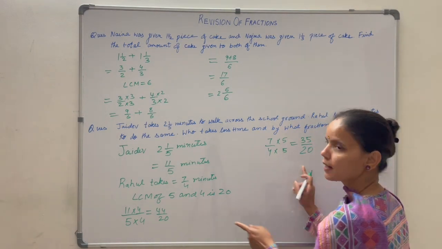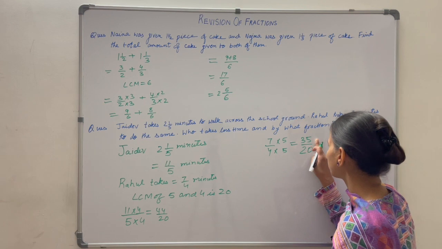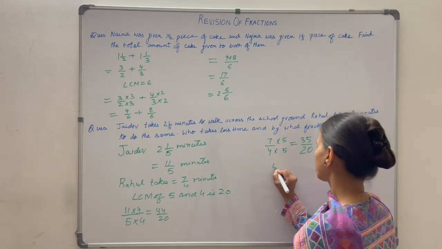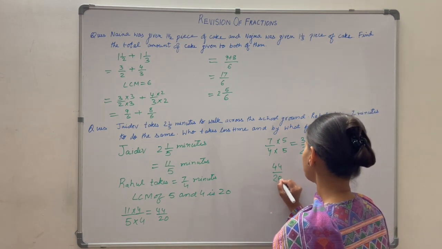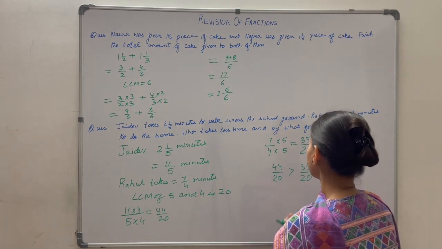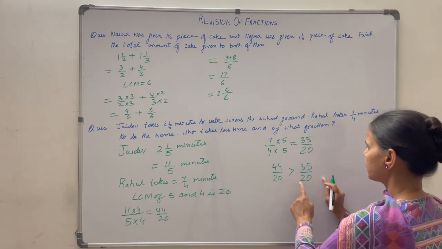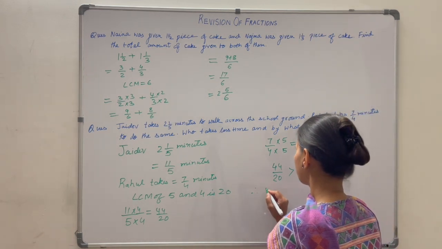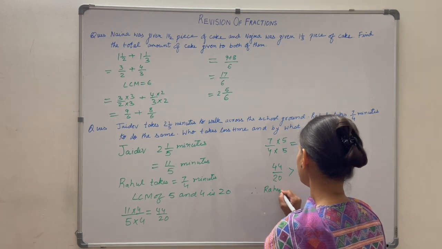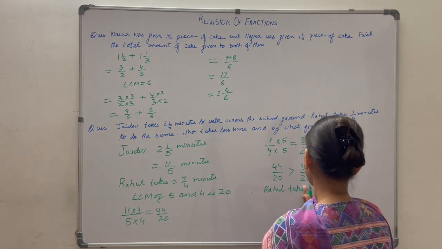Now both are like fractions. Here the numerator is 44 and here the numerator is 35. So 44 upon 20 is greater than 35 upon 20. So who takes less time? Rahul takes less time.